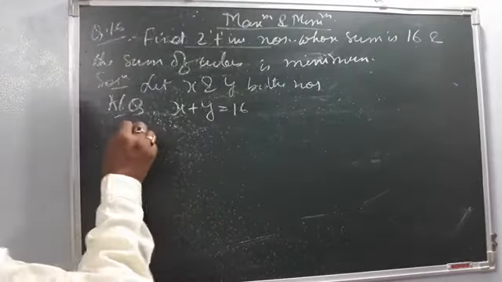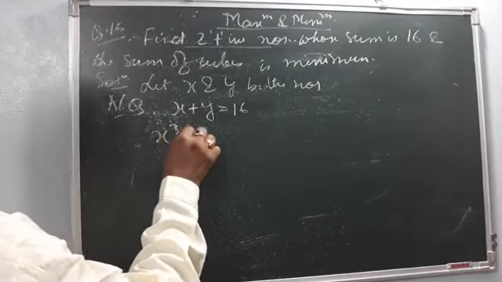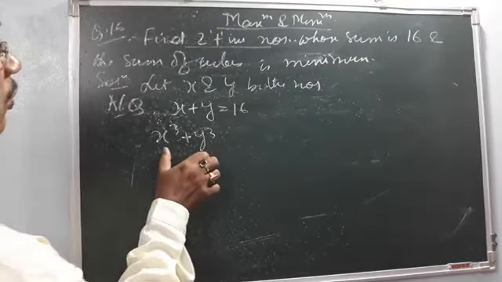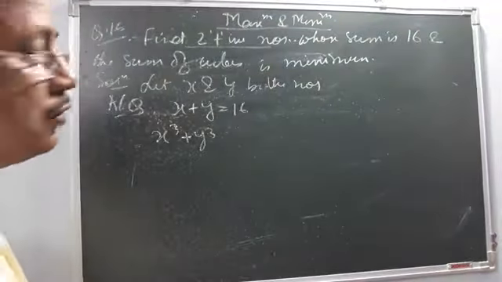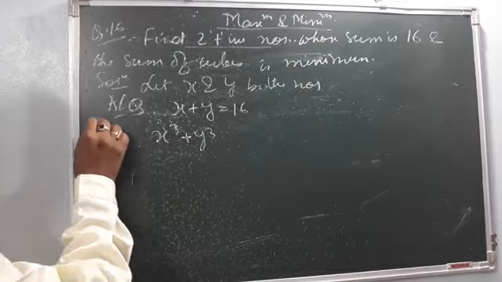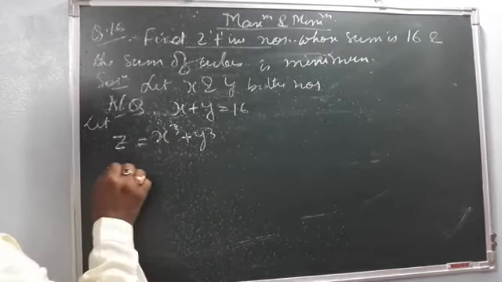Second, they said the sum of cubes, x³ + y³, when it will be minimum, then what will be the values of x and y? And let z be equal to this.